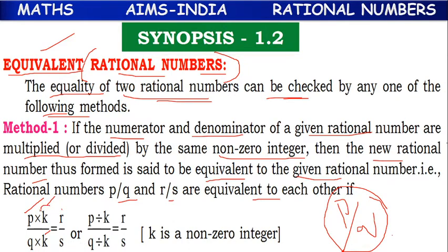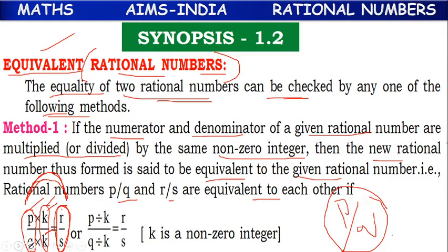Means they are multiplied by the same non-zero integer, because of that we are getting a new rational number r by s. First we have a rational number p by q. By multiplying with the same non-zero integer, both numerator and denominator, we are getting another rational number r by s. So then we can tell that this p by q and r by s are equivalent to each other.